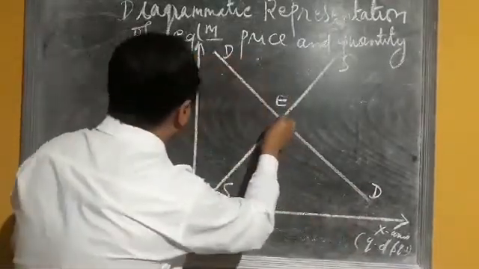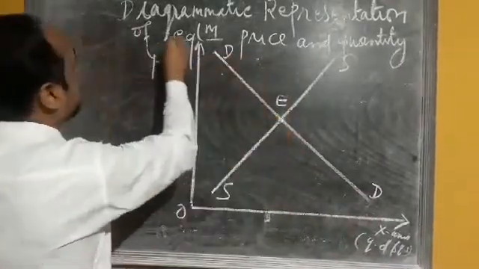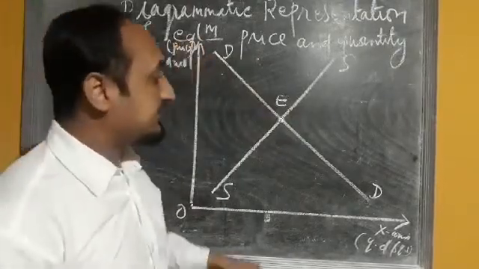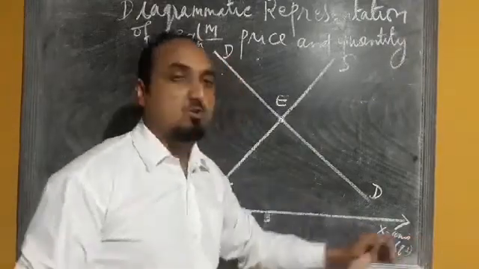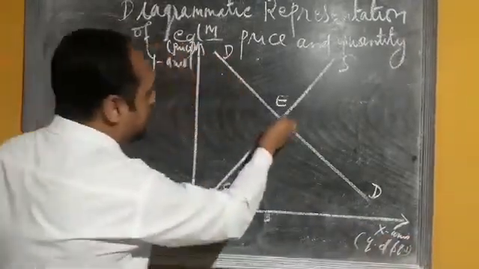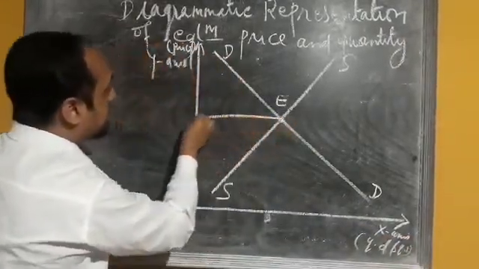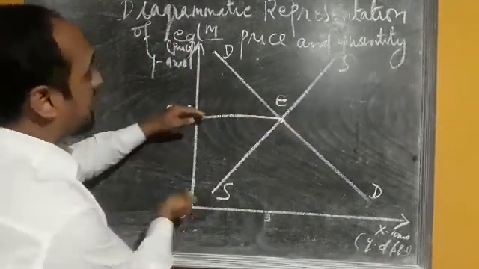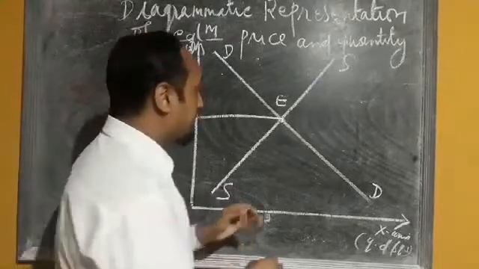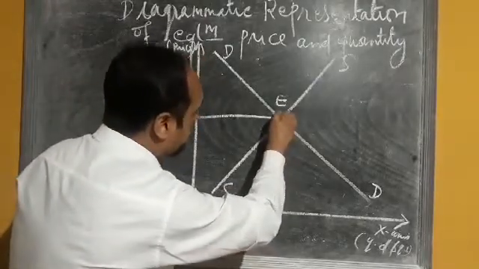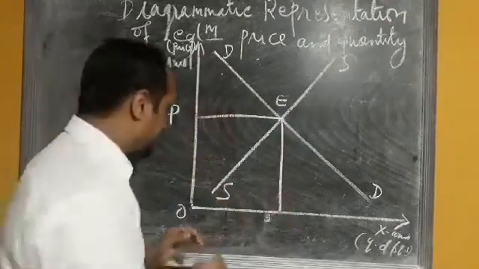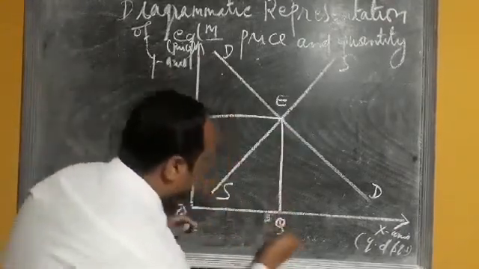Now if you draw a line on the price axis, this y-axis is our price axis, and the x-axis is quantity. If we draw a straight line on this, we will get the equilibrium price. Suppose OP is our equilibrium price, and if we draw a straight line from this equilibrium point on the quantity axis, we will get the equilibrium quantity. Suppose OQ is the equilibrium quantity.